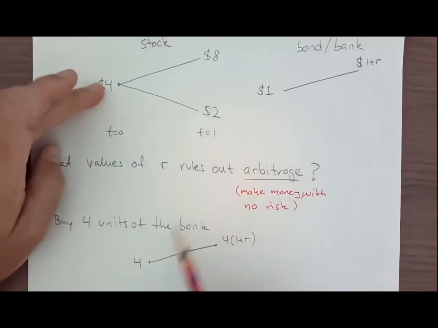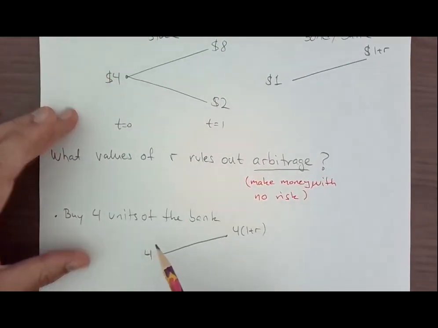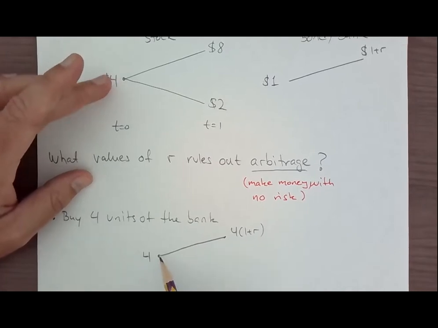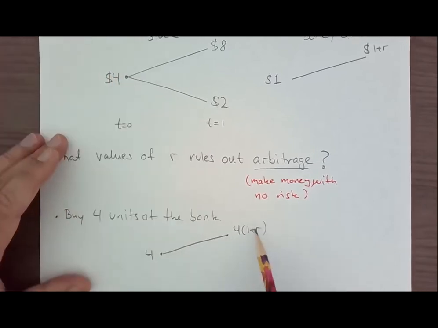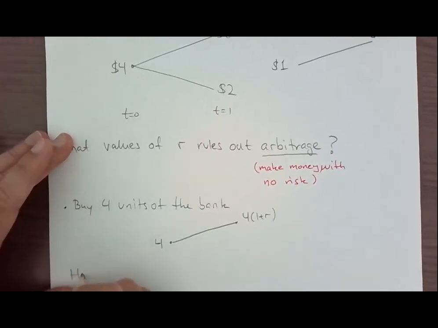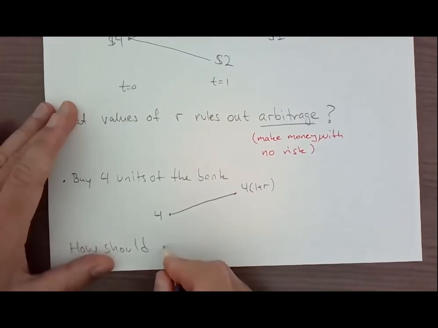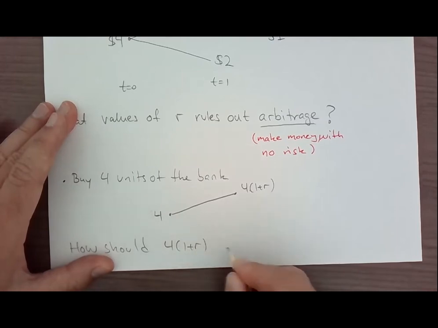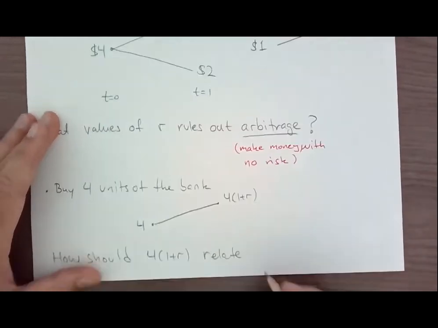Okay, so now they start out at the same point, 4 and 4. Where should this number here be? How should this endpoint 4 times 1 plus R relate to these two values, 8 and 2?